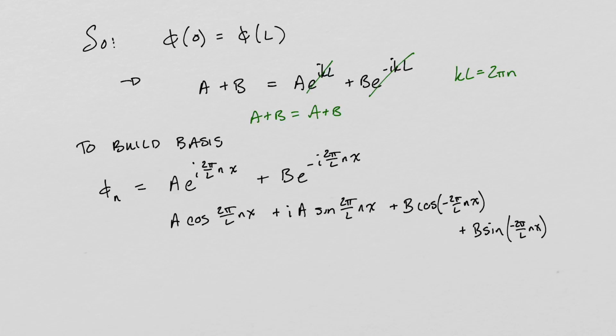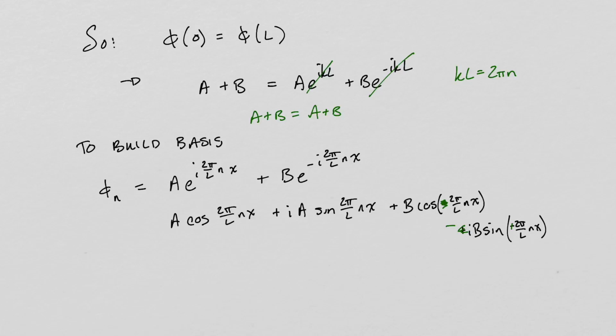And then I can use the symmetries of cosine to get rid of that minus sign, changing this to a minus sign and that to a plus sign, because sine is odd and cosine is even.